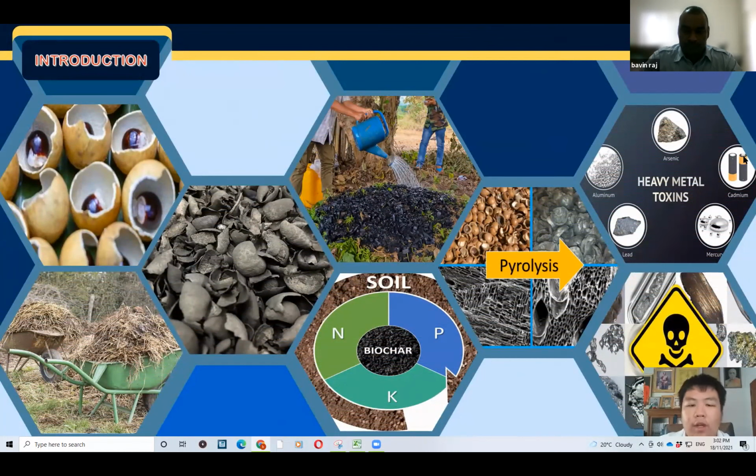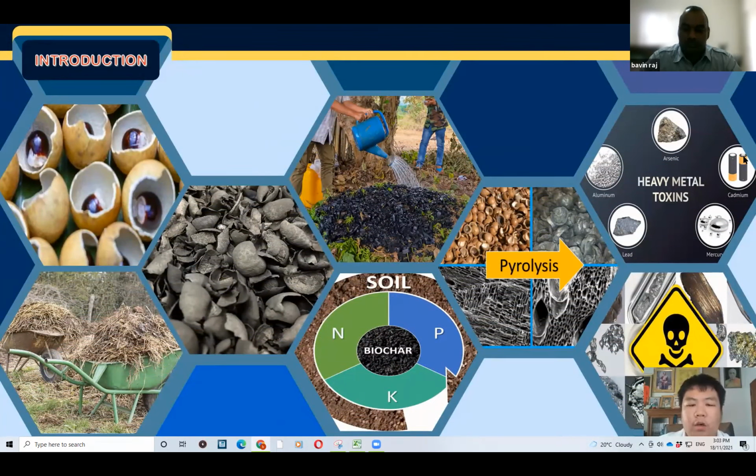It can be mixed with the soil to improve cultivation. The heavy metals such as arsenic, cadmium, or lead are dangerous chemicals. They are generally contaminated in the soil from industry or mining facilities.